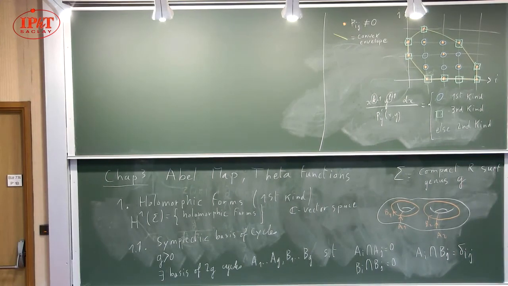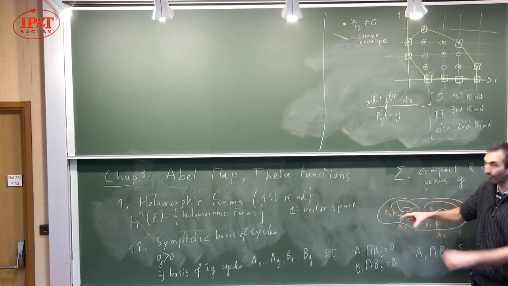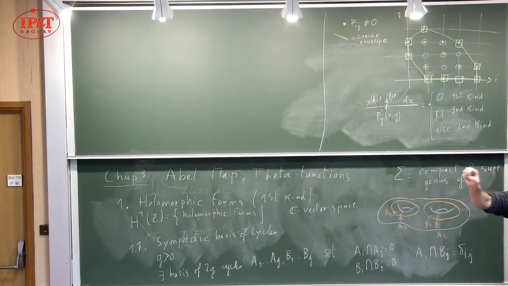What we call cycles is in fact a homotopy class of cycles, or in fact a linear combination of homotopy classes of cycles. And what we call intersection is not really the intersection point, it's the intersection number. When the number is 0, it means that you can choose representants that don't intersect.